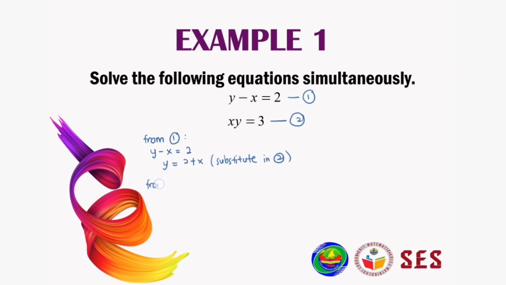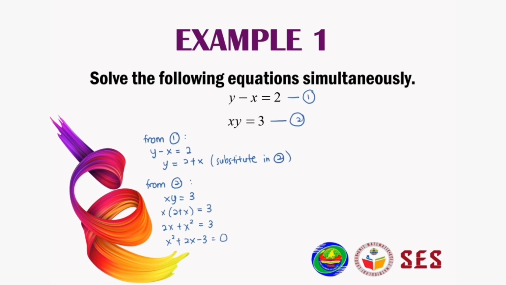From equation 2, we have x times y equals 3, and we replace y by 2 plus x and expand the bracket. Now we rearrange this quadratic equation into its standard form, and we are ready to factorize it.